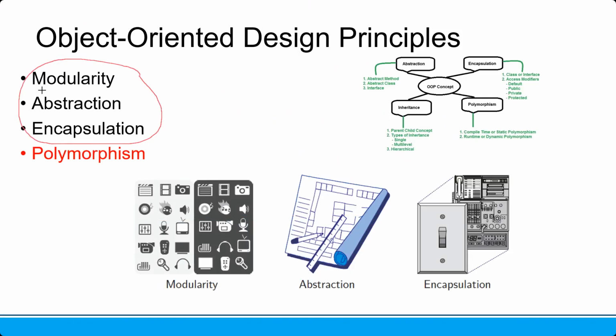The first is modularity. The second is abstraction. And the other is encapsulation. So we will check what they are. And I will skip the polymorphism. If you want to learn more about polymorphism, please refer to another book or other literature.